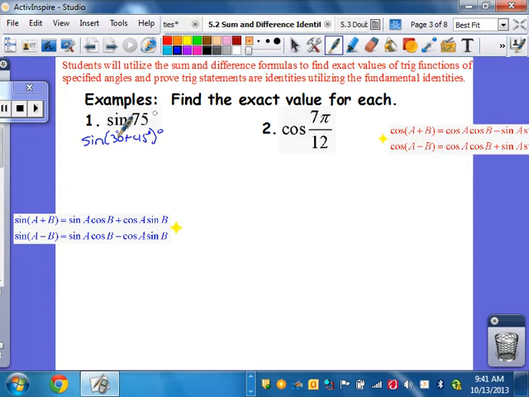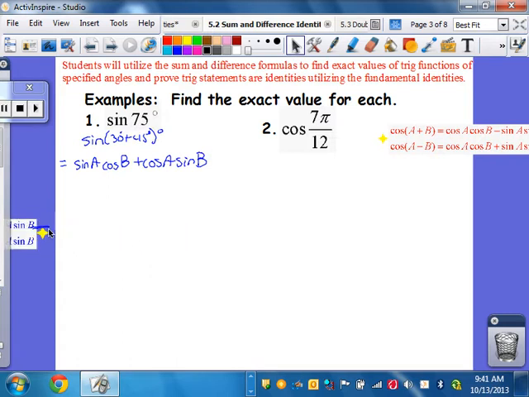So whenever I figure that part out, I instantly go to my formulas, the sum identities, and let's write that down, okay? Sine A cosine B plus cosine A sine B. All I'm doing is writing that formula down.